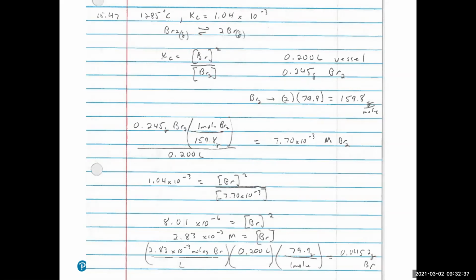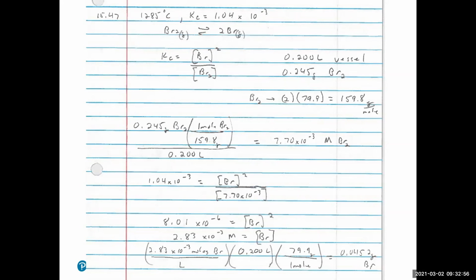Except, remember we said we wanted grams, okay? So what we have to do is take this 2.83 times 10 to the minus 3 molar, so that's moles per liter of Br, and convert it into grams.